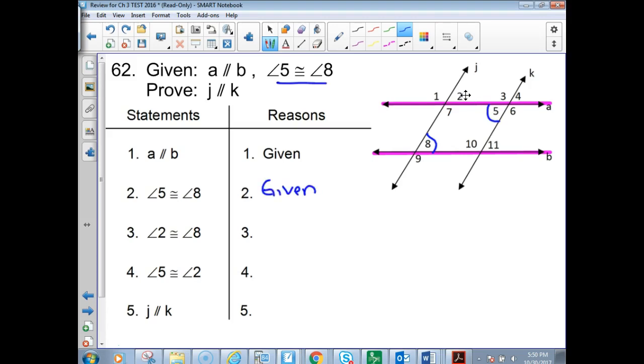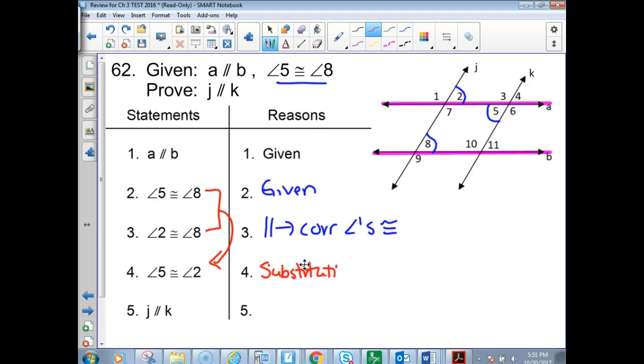And then angle 2 congruent to angle 8. That's because we've got A and B parallel. So parallel implies corresponding angles 2 and 8 would be congruent, or the corresponding angles postulate. 5 and 2 are congruent because we use these two steps to make this step: 5 and 8 congruent, 2 and 8 congruent, therefore 5 and 2 are congruent by substitution or the transitive property.